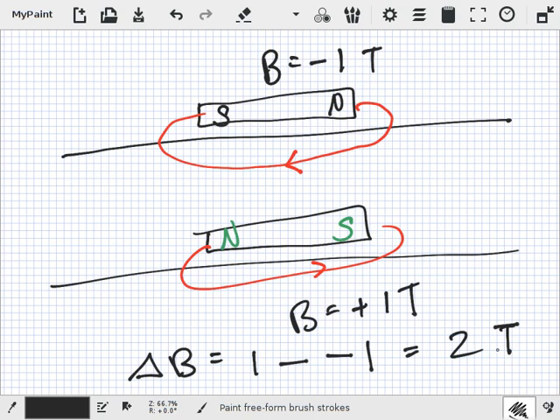Now, because this is positive, what does Lenz's law say the current's direction will be? Opposed to change. So which direction will the current go? If I flip this magnet around, I'll cause the current to flow to the left. So now I'll have a current flowing to the left.